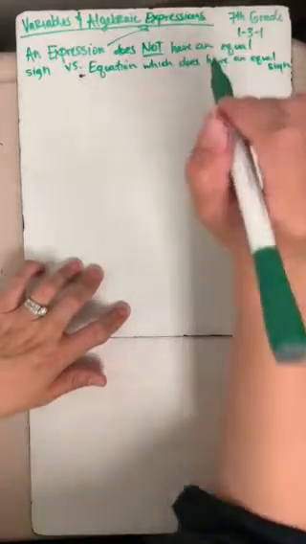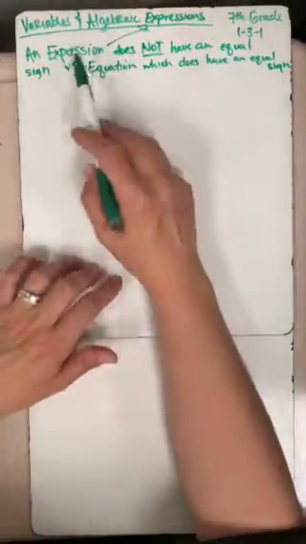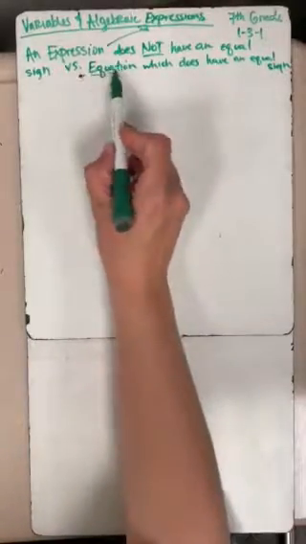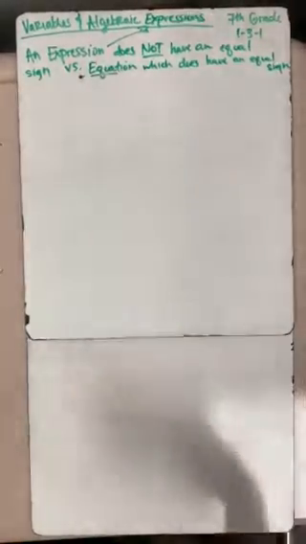Just squeeze it in right there, just so you guys understand the difference as we go throughout. I just wanted that in your notes because an expression will not have an equal sign. An equation, meaning two things are equal, will have an equal sign.